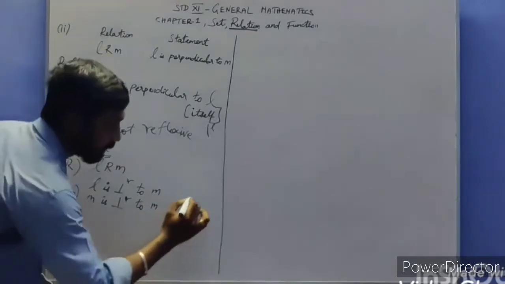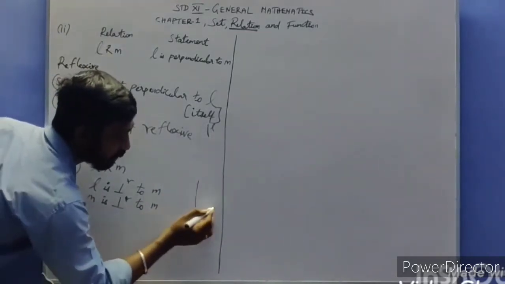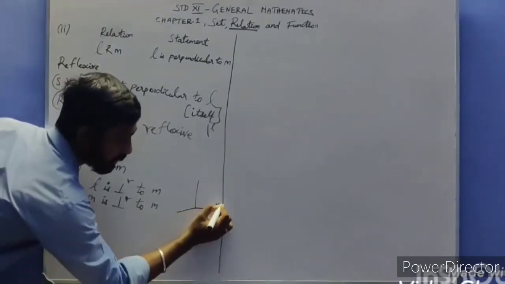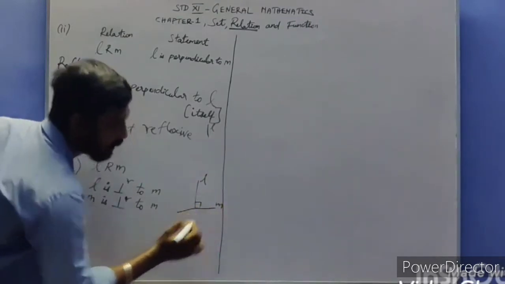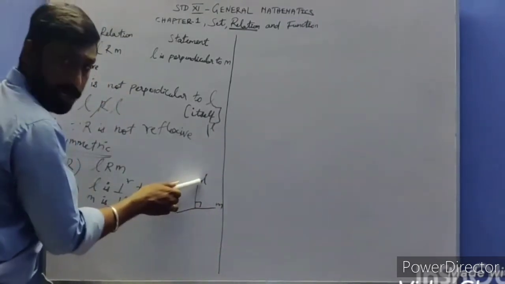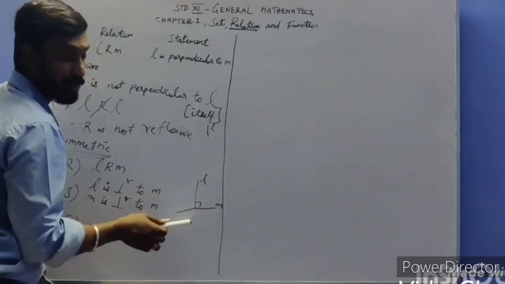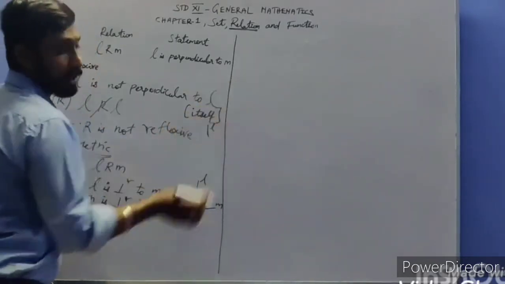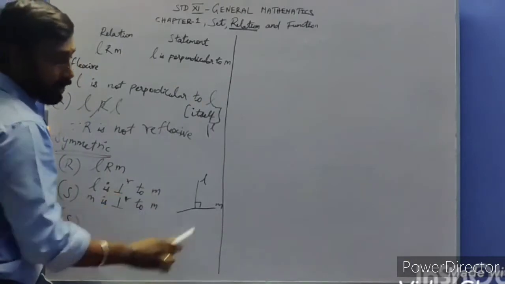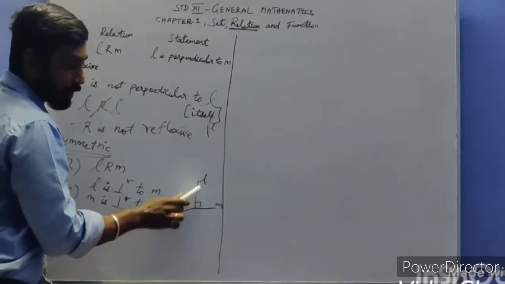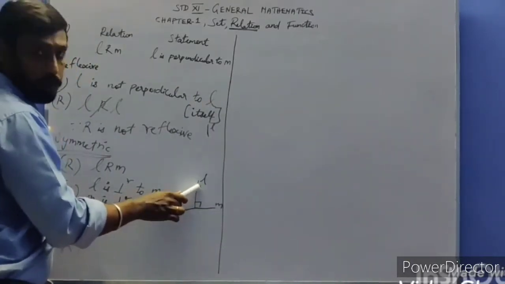Because, for example, listen here. This one is M, this one is L. L is perpendicular to M because it is at 90 degrees. What does perpendicular mean? It is at 90 degrees, that is called perpendicular. M is perpendicular to L, it is also possible.